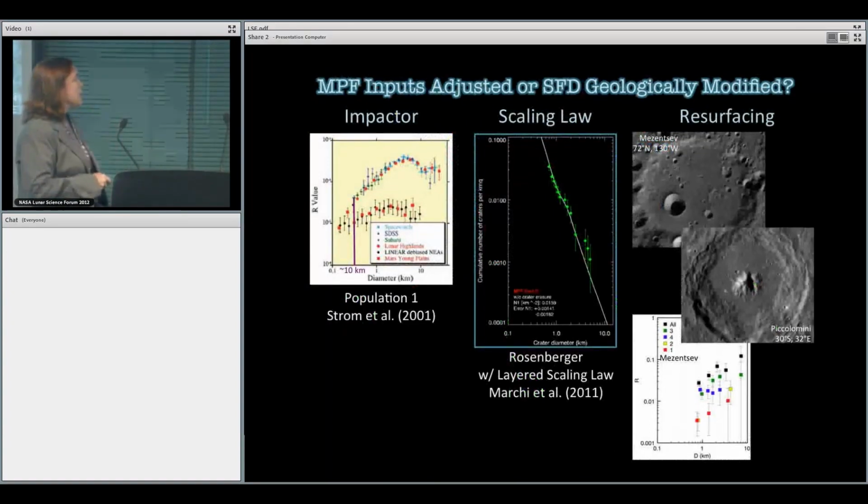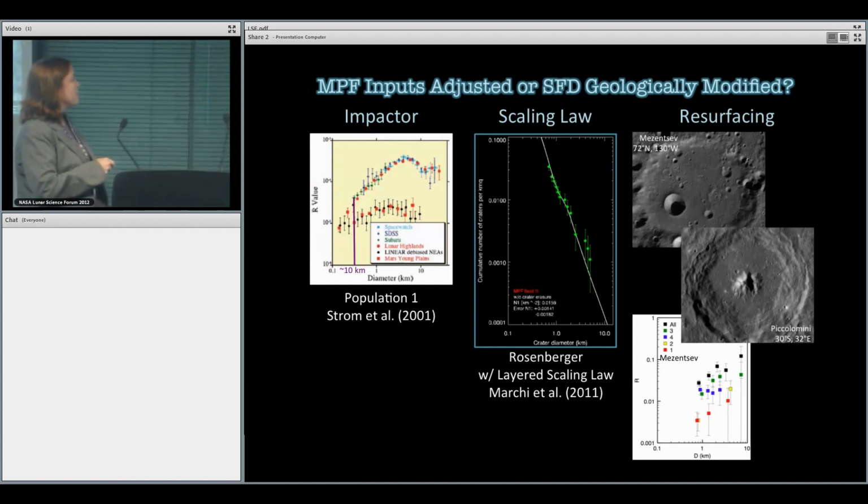Now there are 3 different things we can look at, and 2 of them have to do with the MPF itself, the production function. One is, should we be using a different impactor population? The one we have been using is represented here by the NEO population. But this one here, which represents the MBA population, maybe that's more appropriate. It's a little bit shallower here.